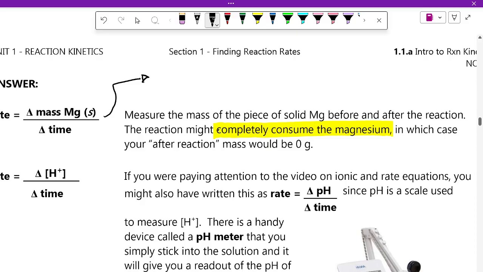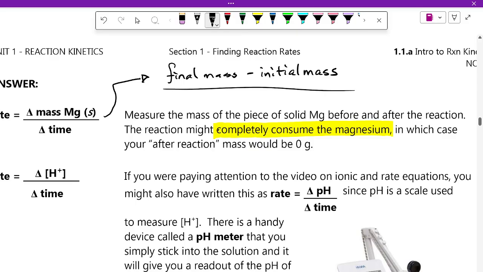Change in means the final mass minus the initial mass. And if you choose for your magnesium to be completely consumed, you will get a final mass of 0. And this would end up being a negative value.